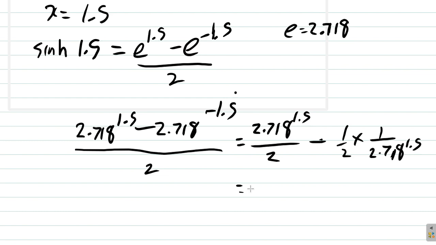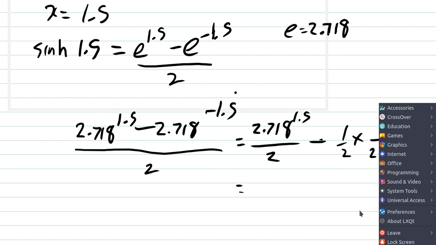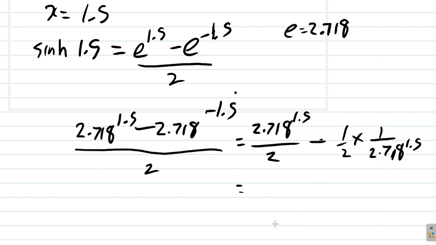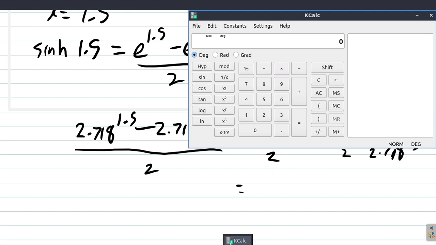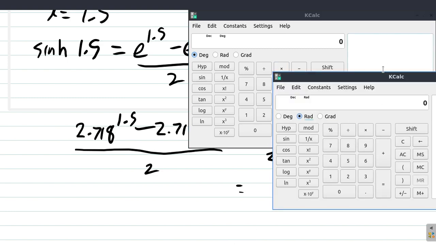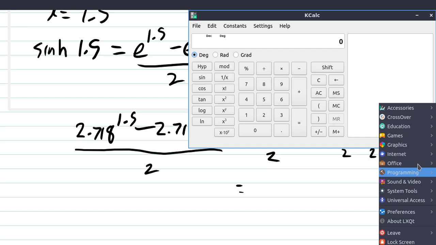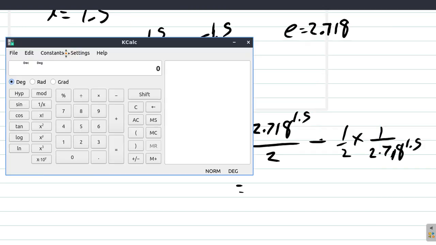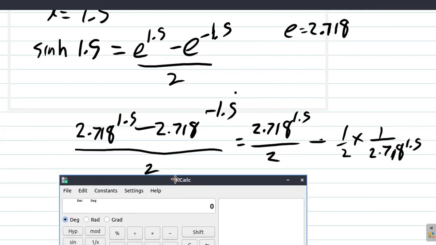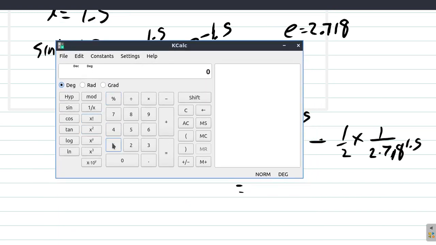So let's work these out with our calculator. Okay, so 2.718 to the power of 1.5, equals that.